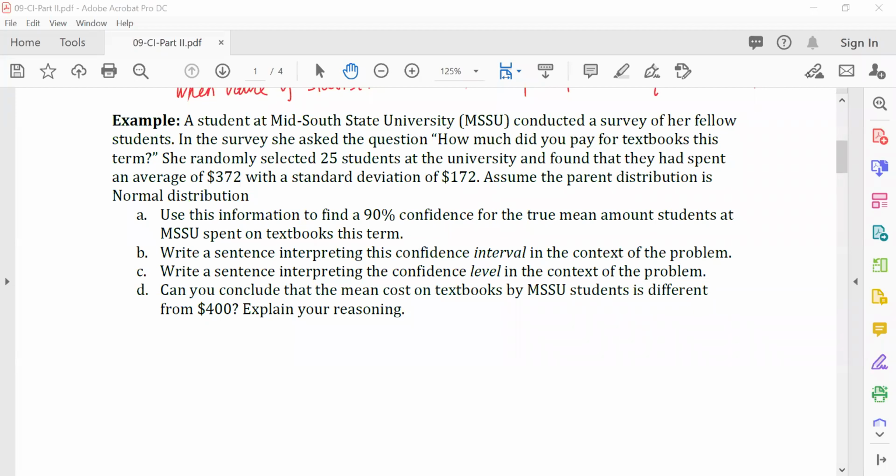Use this information to find a 90% confidence interval for the true mean amount the students at MSSU spent on textbooks this term. So the parameter of interest is the true mean amount students spent on textbooks, right? So the parameter of interest is mu. Now we are trying to construct a 90% confidence interval.